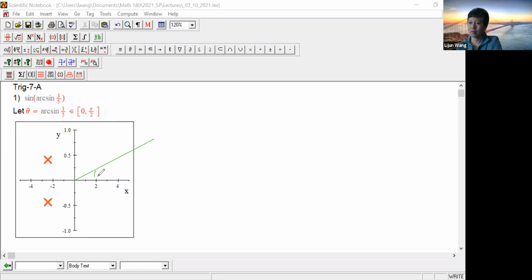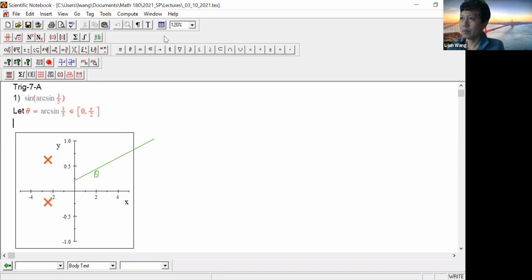And this theta corresponds to the opposite side. So I'm going to use the definition. As a result, sine of theta equals 3/5.